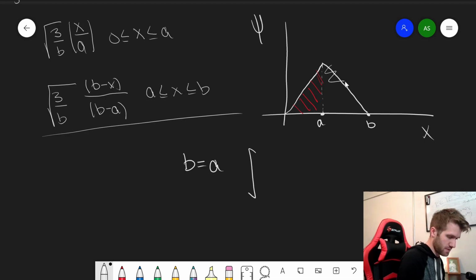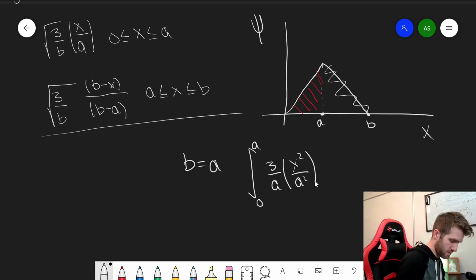This goes away, and we're just left with this triangular section of our wave function, from 0 to A, with 3 over B, but B is A here, so 3 over A times x squared over A squared with respect to x.